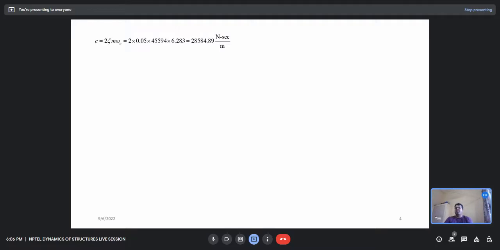The damping ratio is given as 5%, the mass is given as 45,594, and omega is also given in the question, that is 6.283. So your damping coefficient comes out to be 28,584.89 newton second per meter.